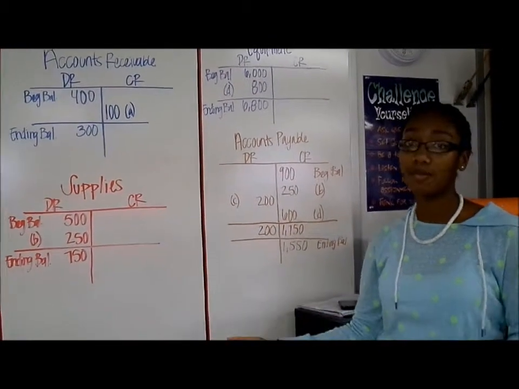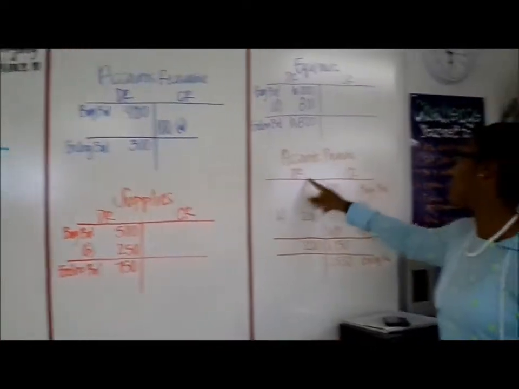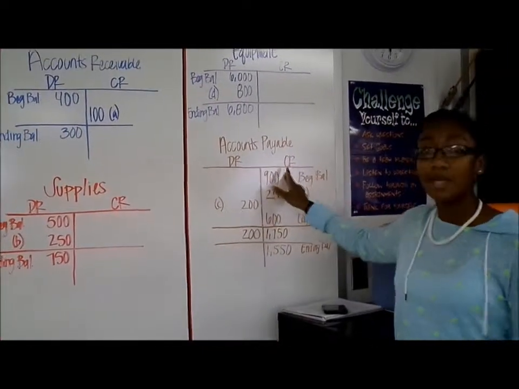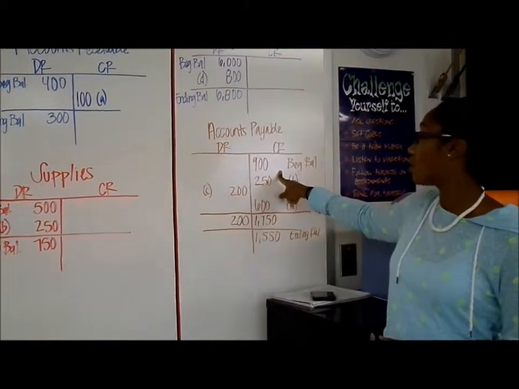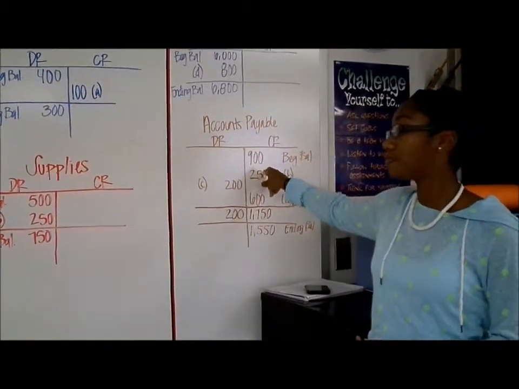You promised to pay them at a later date. And accounts payable would be a credit because the beginning balance for accounts payable is a credit, so you credit accounts payable to increase the account.